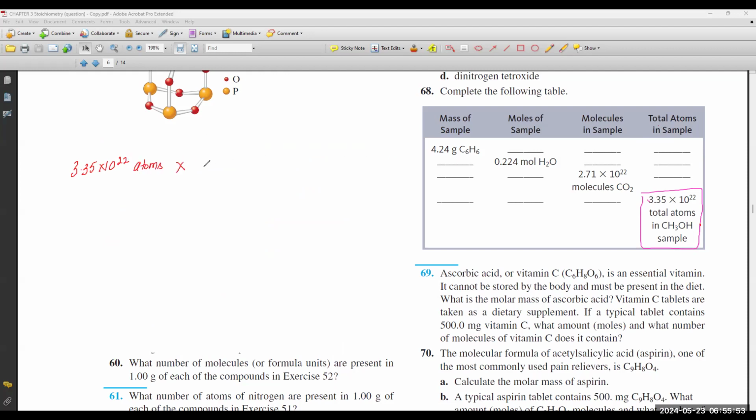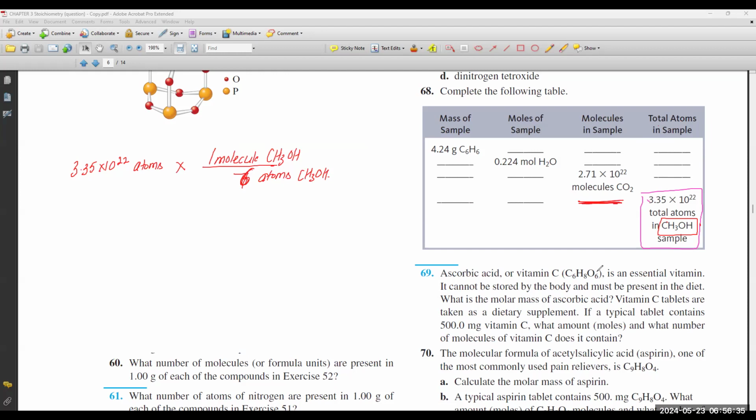So how to convert this into molecules of CH3OH? You're going to use the ratio that one molecule of CH3OH is, yes, very good, Mayank. Very good, everyone. Is it 7 or 6? 6. 6 atoms of CH3OH. Okay, now this will give you this answer.